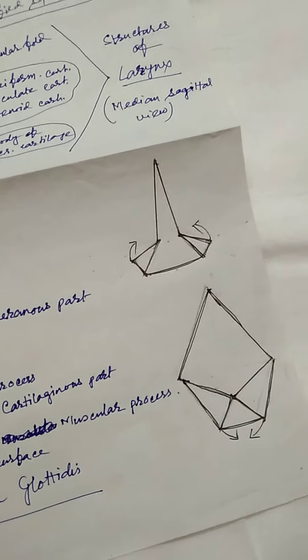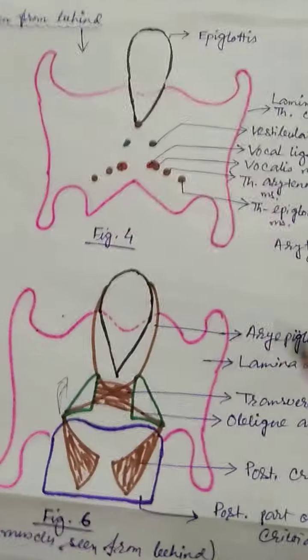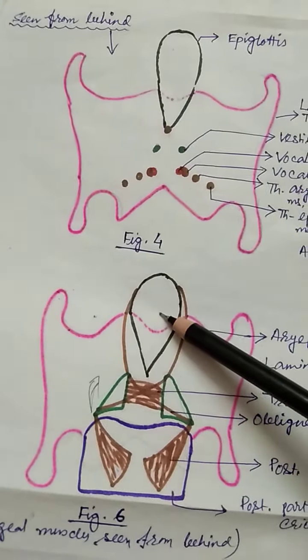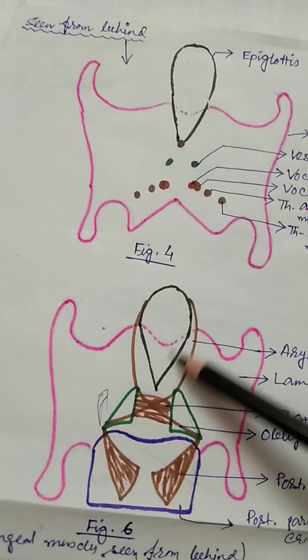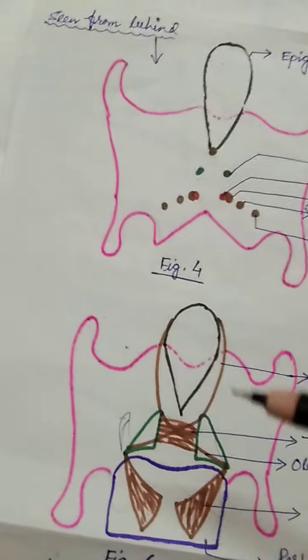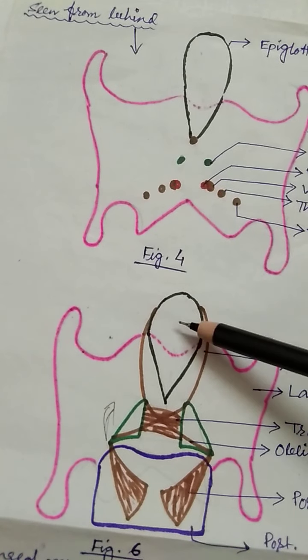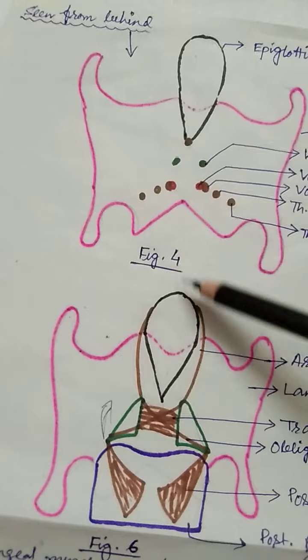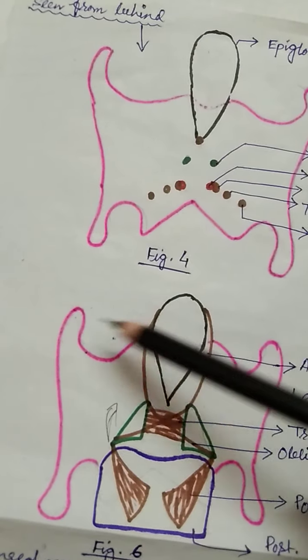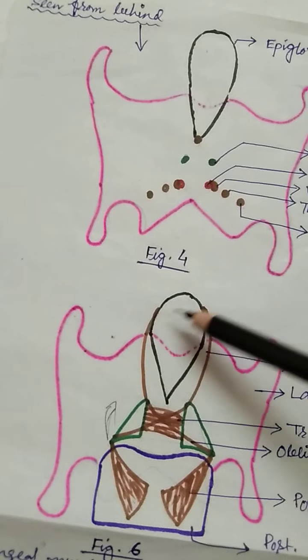Okay, here what you will see is the aryepiglottic fold from the epiglottis. You are looking at the posterior surface. From the epiglottis, anteriorly there is the tongue, and from the tongue to the epiglottis there is the median glossoepiglottic fold. From the epiglottis to the lateral margin of the tongue there is the lateral glossoepiglottic fold.